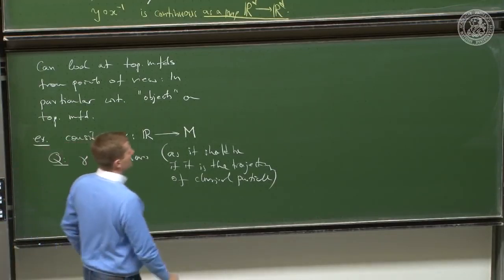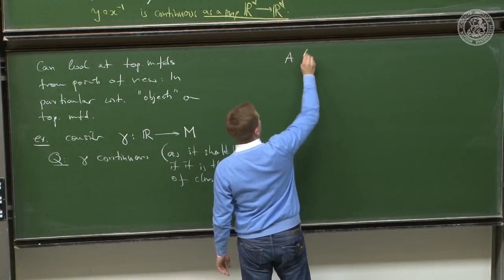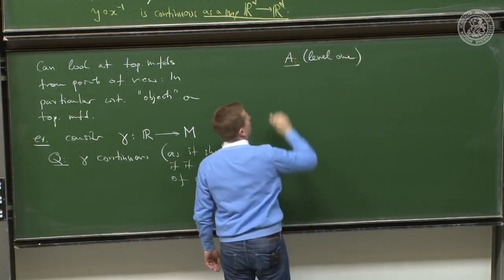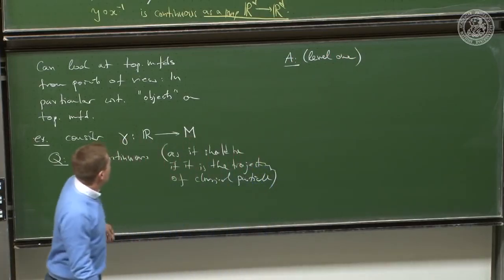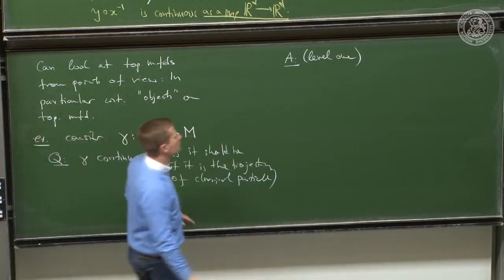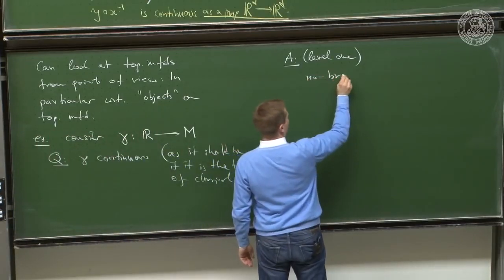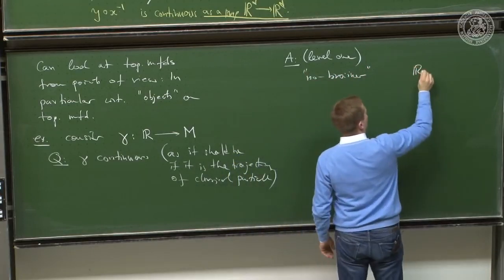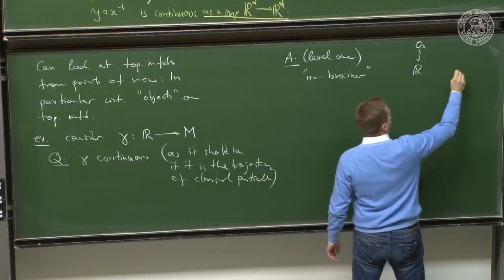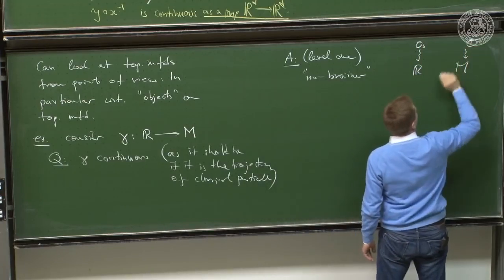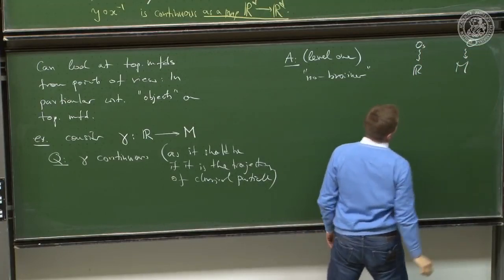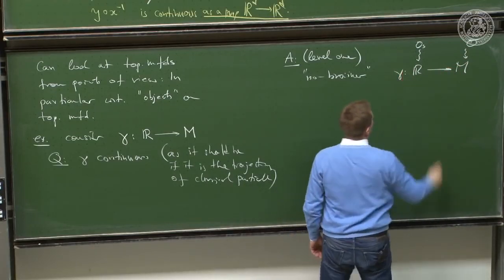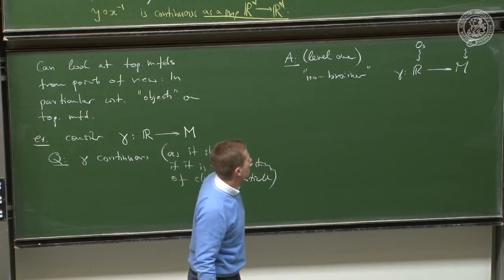You can ask this question on two levels. So answer level 1 is the following. You say it's a no-brainer because you have R equipped with the standard topology, you have M equipped with the topology you gave it, so it's a topological manifold, and it's full well clear what a continuous curve is.